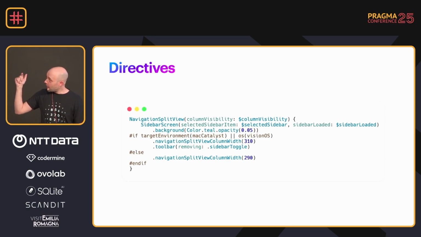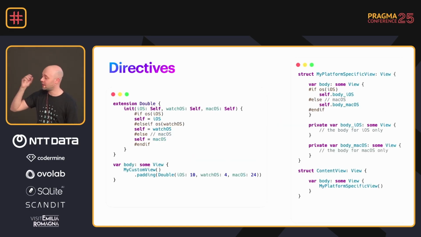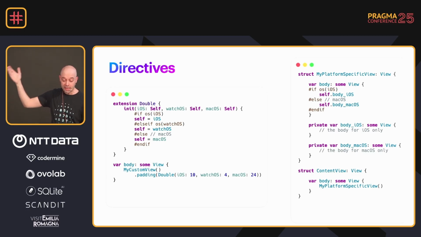If you're thinking that having a lot of directives will become messy and confusing very quickly, you're absolutely right. My code is messy all the time, but luckily you can tidy it up. You can have an extension, for example, that takes specific values based on the platform.